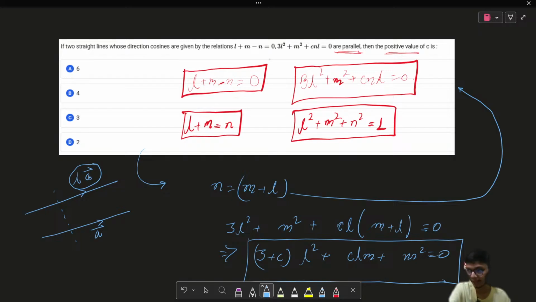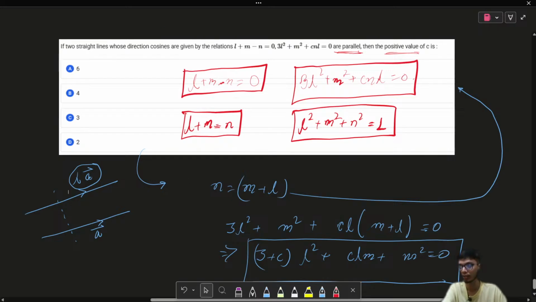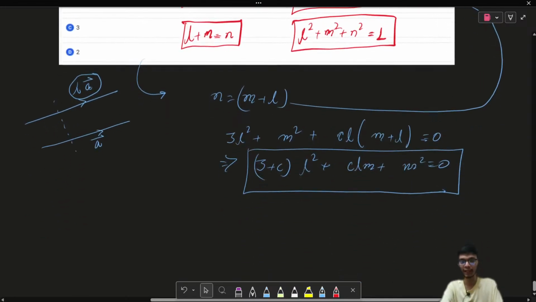So that being said, since the lines are parallel, they will share the same direction ratios. So I can represent the L in terms of some lambda times of N or M, right? So let me do that over here.